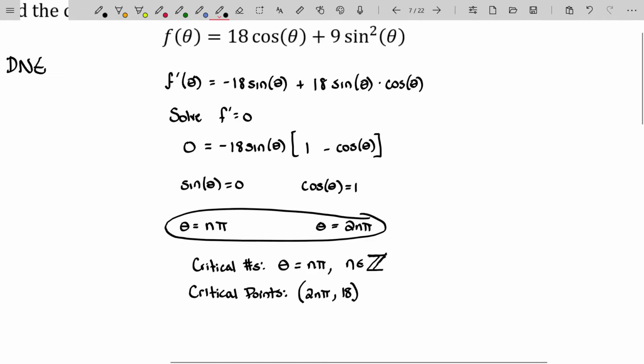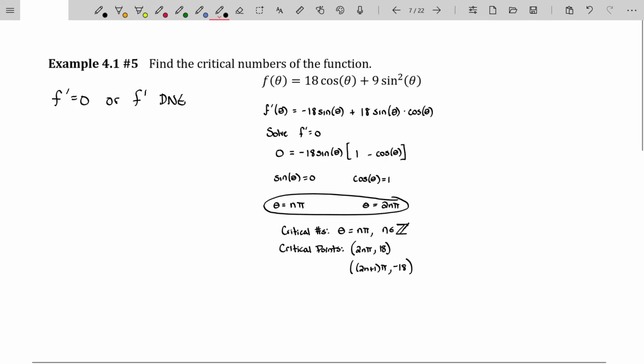And then at odd multiples of pi, you could write this in a couple different ways. I'm actually going to write it just as (2n plus 1) pi. That's an odd number times pi. At odd multiples of pi, it becomes a negative 1, so negative 1 times 18 is a negative 18. Those are the critical points. Again, n is in the integers. It's a little bit more than they probably wanted, but it was a moment to learn.